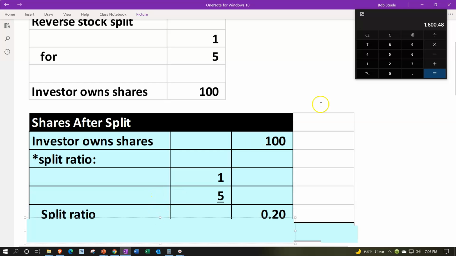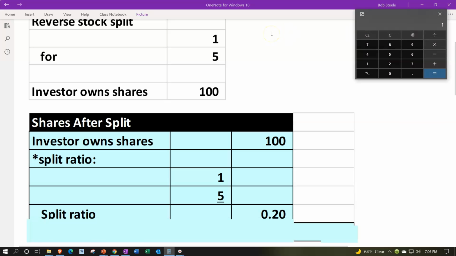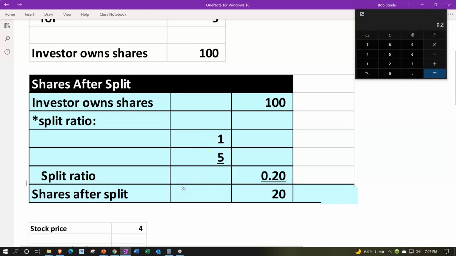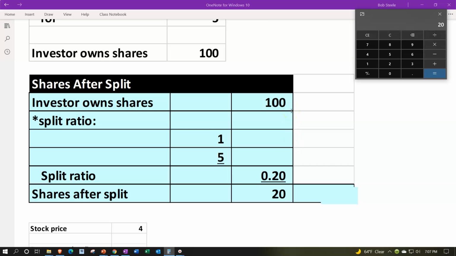In other words, 1/5 or 0.20, 20%, 1 divided by 5 being 20%. So we take the 20% times 100, and now we're at 20 shares. They had 100 before. Now with the 1-for-5 split, we reduced them down to just 20 shares. They only have 20 shares after this.